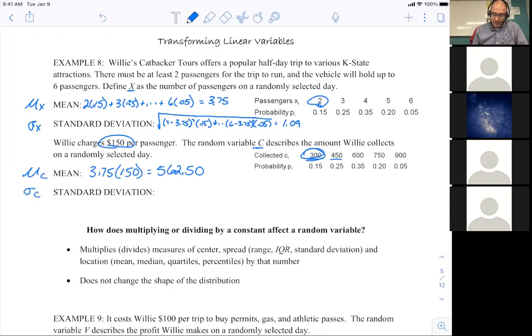Standard deviation of C. Again, because it's multiplication, we had a standard deviation of 1.09. I multiplied everything by 150. So again, that multiplication, everything just is multiplied. We get 163.50. Okay. So in that case, this was a skill from a previous chapter, but that's okay.